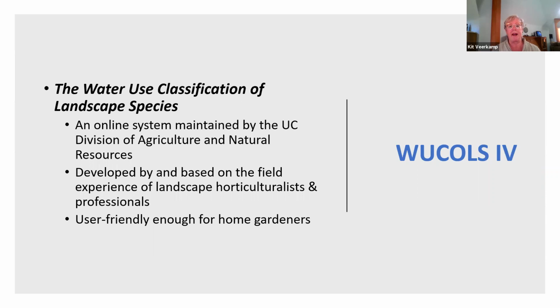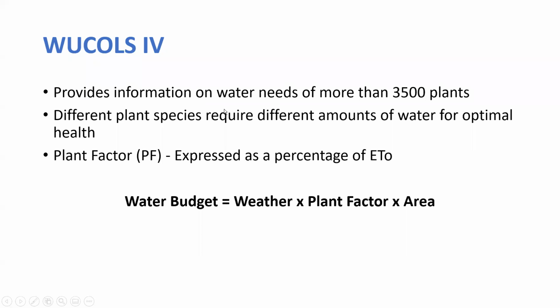It's been developed by a whole cadre of landscape professionals, from academics to contractors and everything in between, nursery people and all the rest. But it's actually pretty easy to use for home gardeners. It's a very odd name, but it provides information on 3,500 plants. Different species require different amounts of water, and that amount of water plays into the scheduling for irrigation systems.